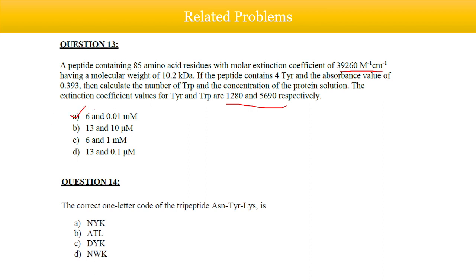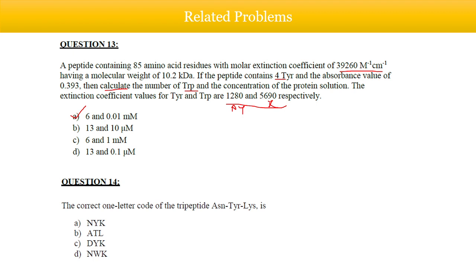How are you getting this value? I am repeating this question. 4 into, because 4 tyrosines are there, and how many tryptophans we do not know. So 4 tyrosines, and the number of tryptophans is what we have to calculate, that is x.